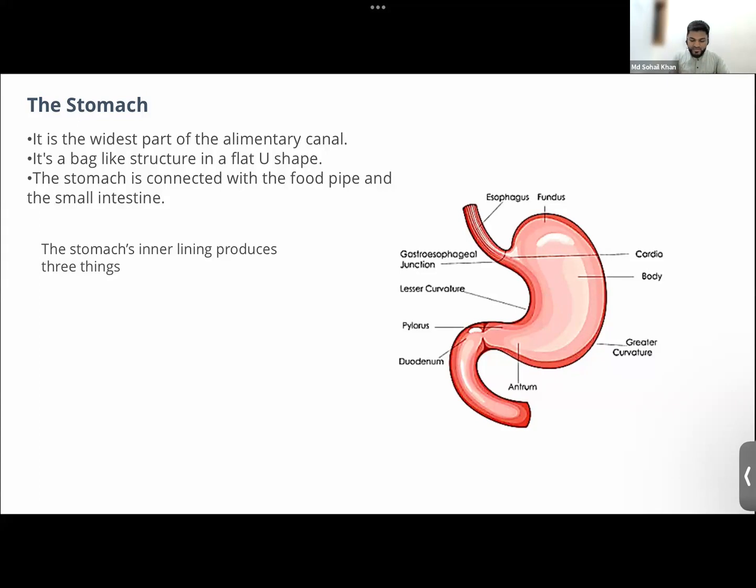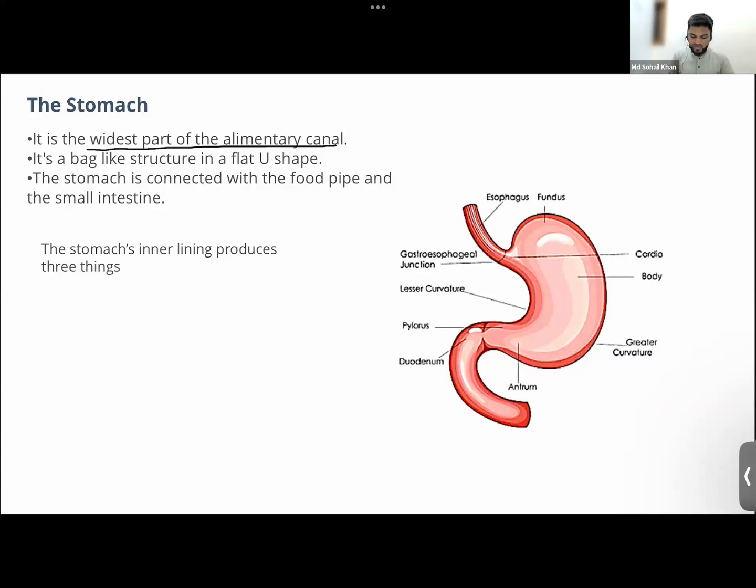So it is said that it is the wildest part of the alimentary canal. Why? Because the food particle that comes to the stomach, so many enzymes, two different types of enzymes and acid, act upon it. It is basically turned into a paste-like form called chyme. That is why it is known as the wildest and the widest part of the alimentary canal.